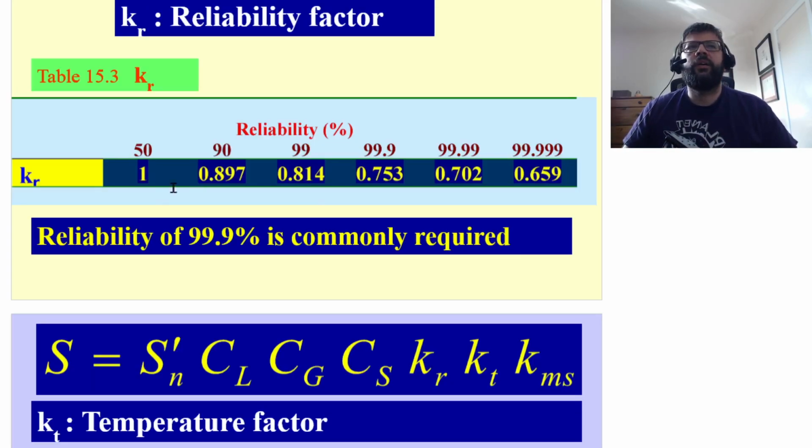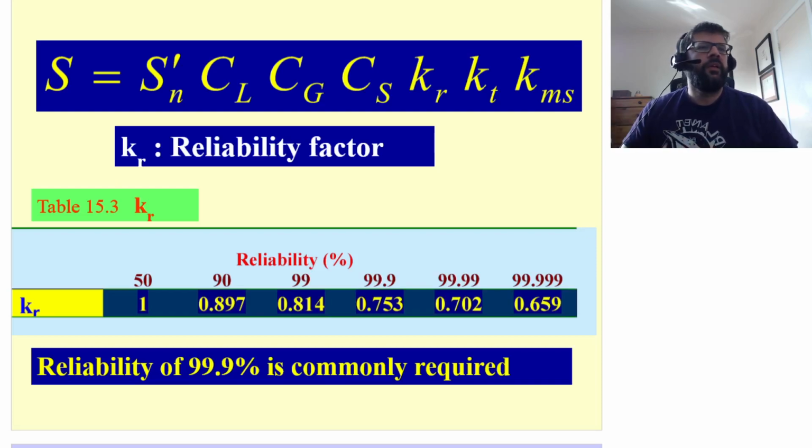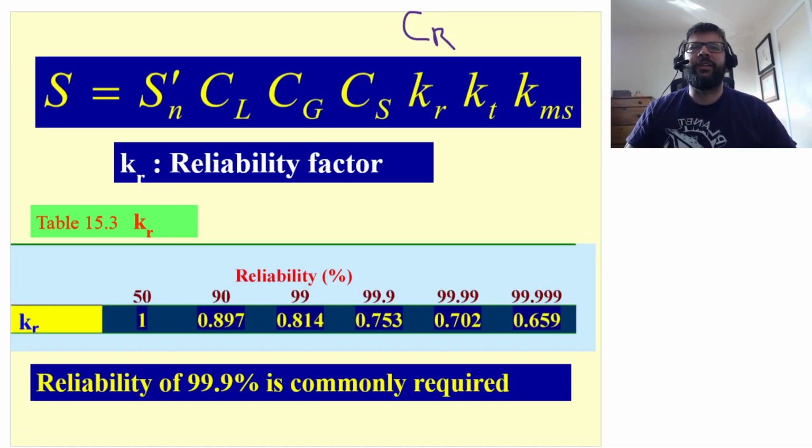Reliability factor, obviously, it's going to be familiar. I don't know why they don't just use CR like they do for everything else that has to do with fatigue. I don't know why they changed the nomenclature to KR for gears only. It seems silly to me, but whatever.